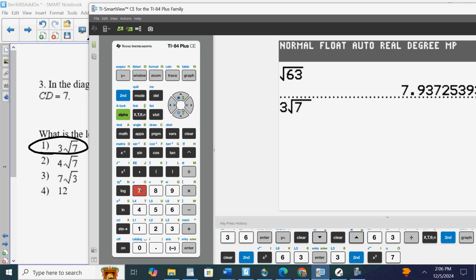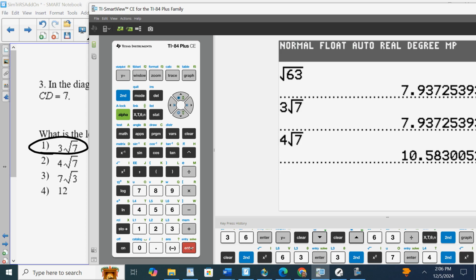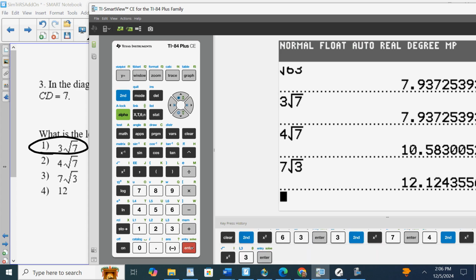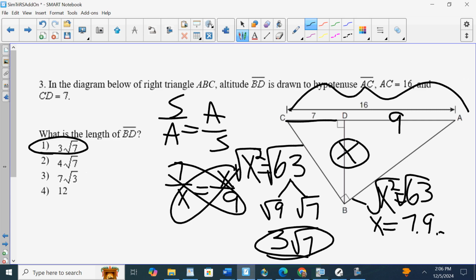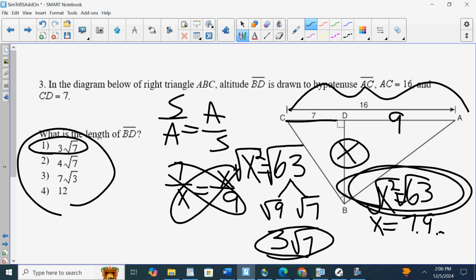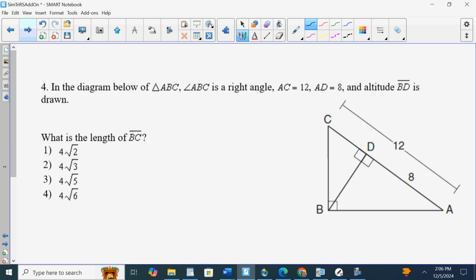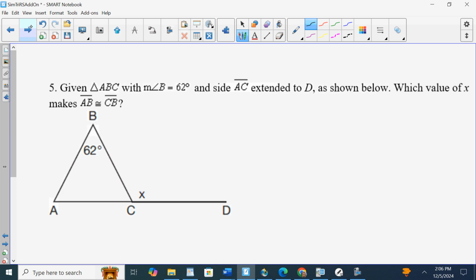Is that 7.93 dot dot dot? Yes. Is 4 radical 7 that same thing? No, so that can't be the answer. Is 7 radical 3 that answer? No, so that can't be the answer. So you could always type in each answer and see which one matches. It's going to only work if it's multiple choice. That will be the case in your exam, but Regents-wise, it could be open response.